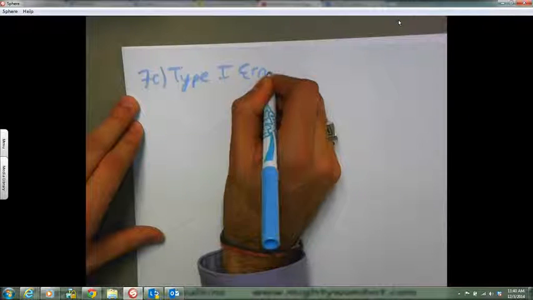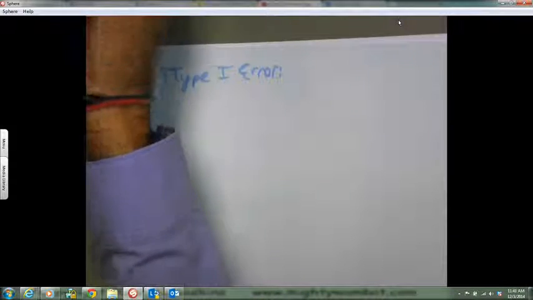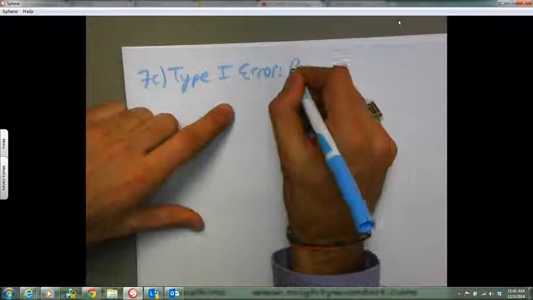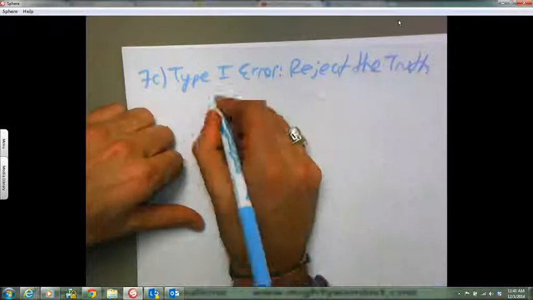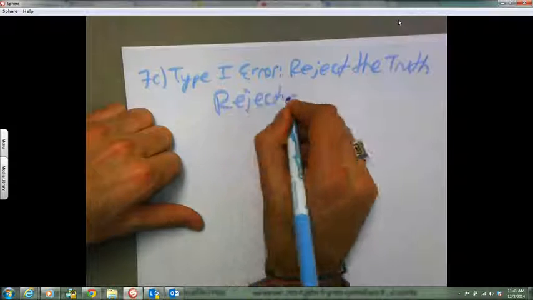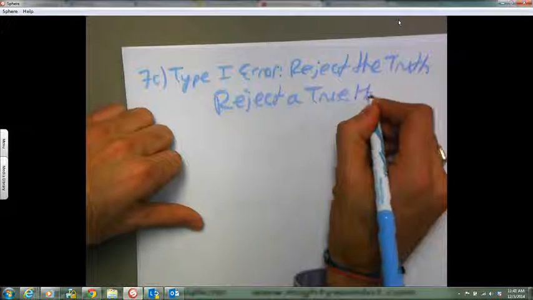As I said, type 1 error is when you reject the truth, and I'll pick up the pace a little bit here because we just saw this. Reject the truth. In statistical terms, it's when you reject a true null hypothesis. And here's where it gets interesting. What does it mean in our example?